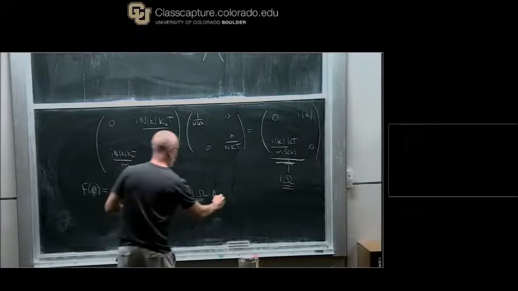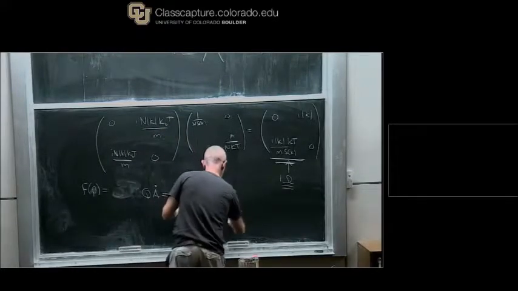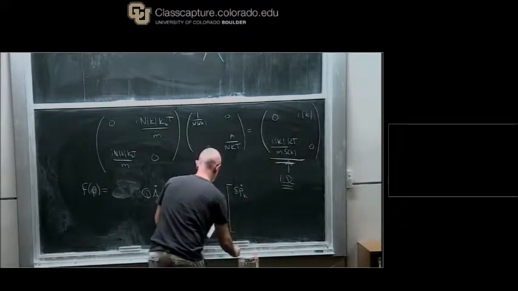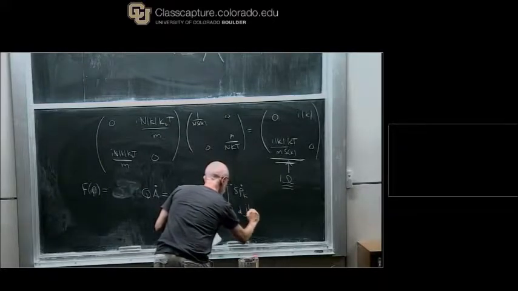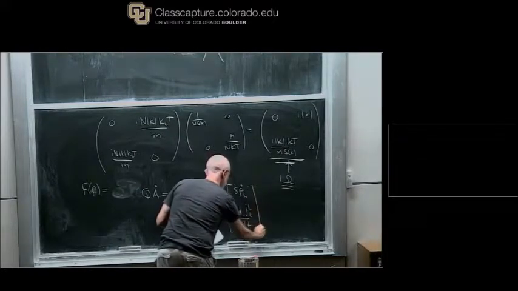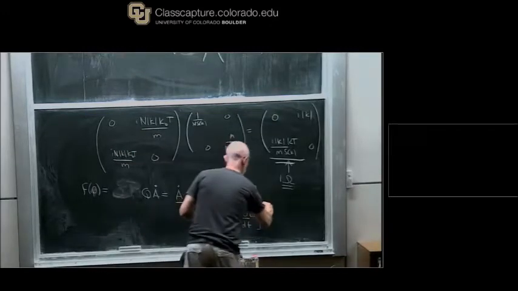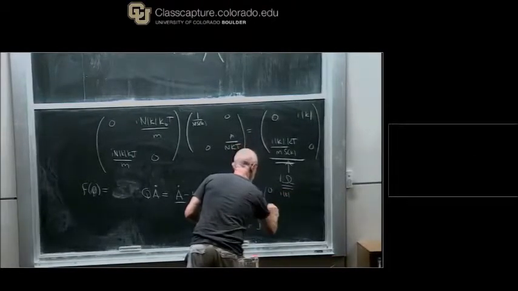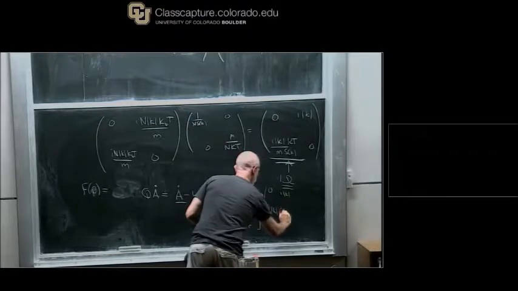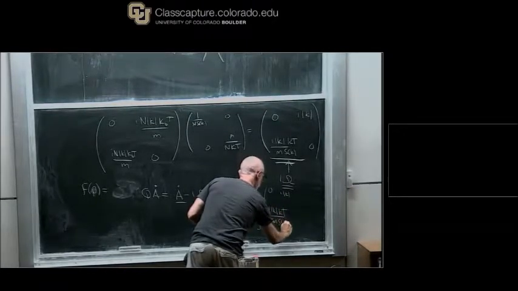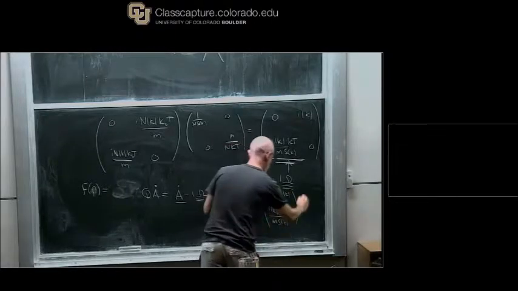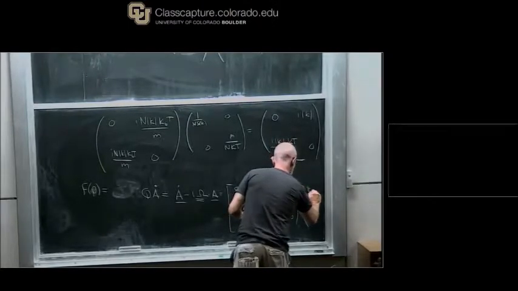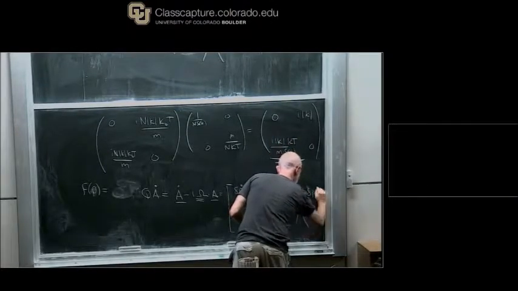So what is this? This is A dot minus this matrix, 0, i k, k_B T over m s of k, 0, times del rho k, j longitudinal k, right?